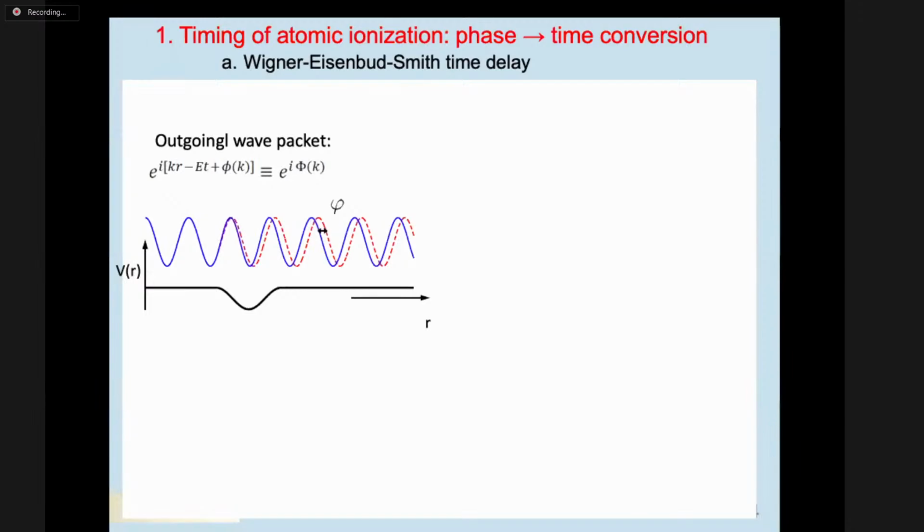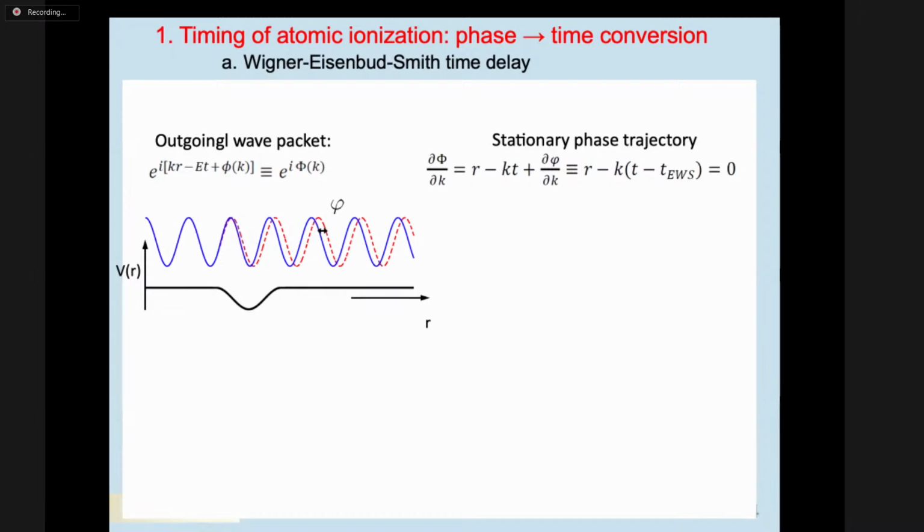This wave packet propagates in such a way as to keep this phase stationary, which means the energy derivative of the phase remains close to 0. And this equation gives the trajectory of the photoelectron, and it seems that it starts its motion not at time 0, but with some offset.